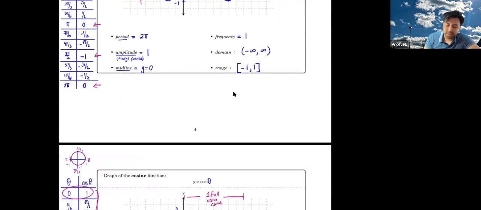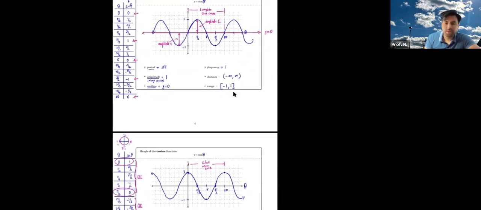If you notice, the sine curve and the cosine curve are nearly identical in terms of shape. It's just that one is shifted over. If you shift sine to the left by pi over 2 units, you get exactly cosine.